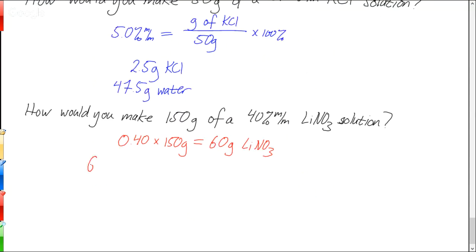So that means we'd need 60 grams of lithium nitrate and 90 grams of water. So don't get too worried about the specifically chemistry part of this. It's just a regular percentage, just like if you were calculating some other percent for some reason. Same thing.